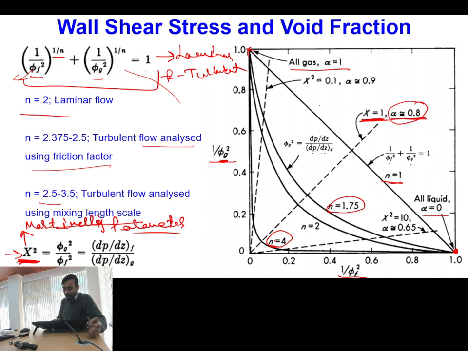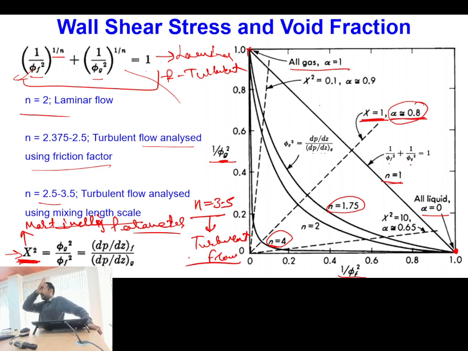And of course, if you have to entirely fit the data with a single exponent value of n, then n equal to 3.5 works very well for turbulent flow. Of course, just to avoid redundancy, I have not given you so many plots over here where this data is compared for different values of n. But this is a common approach, and whatever approach was decided, this approach has worked well.